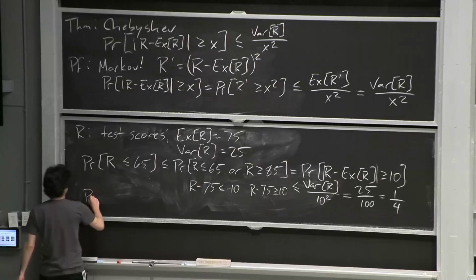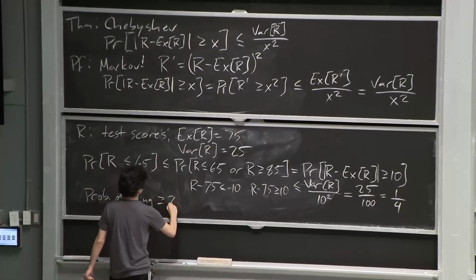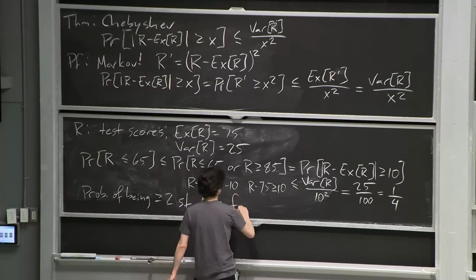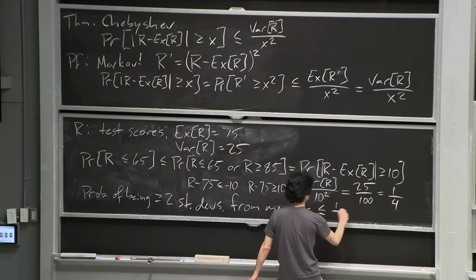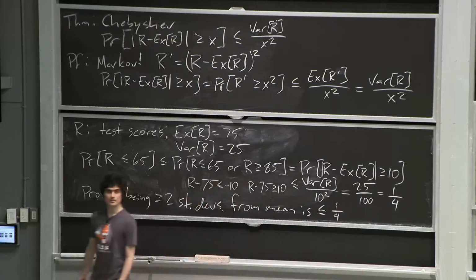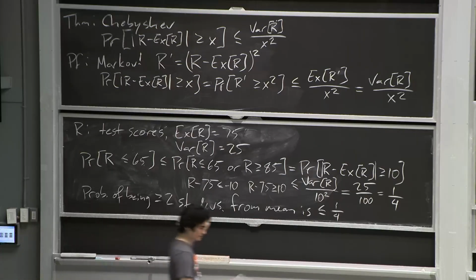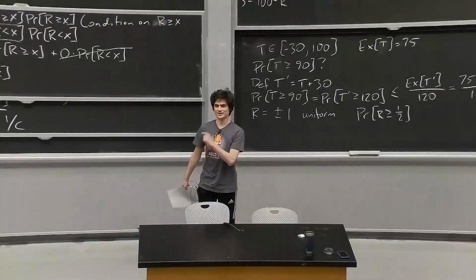So the probability of being at least 2 standard deviations from the mean is at most 1/4. Does anybody have any objections to that last statement?